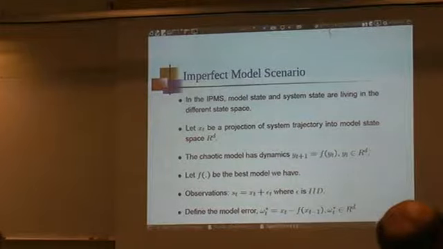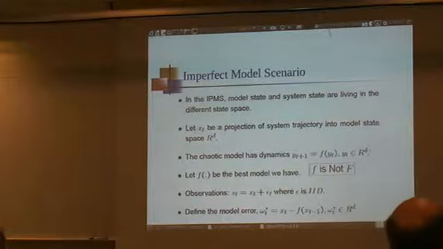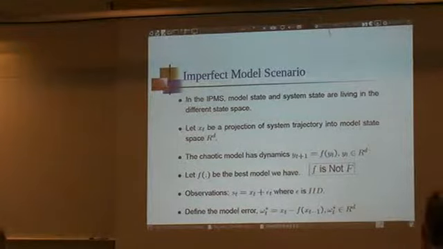Our goal is to estimate the true state x_t, which is a projection of the system trajectory onto the model state space. We assume our model is F, which is of course not the system dynamics. The observation noise is IID, and we assume the model error to be the one-step model error, iterated by the model function.